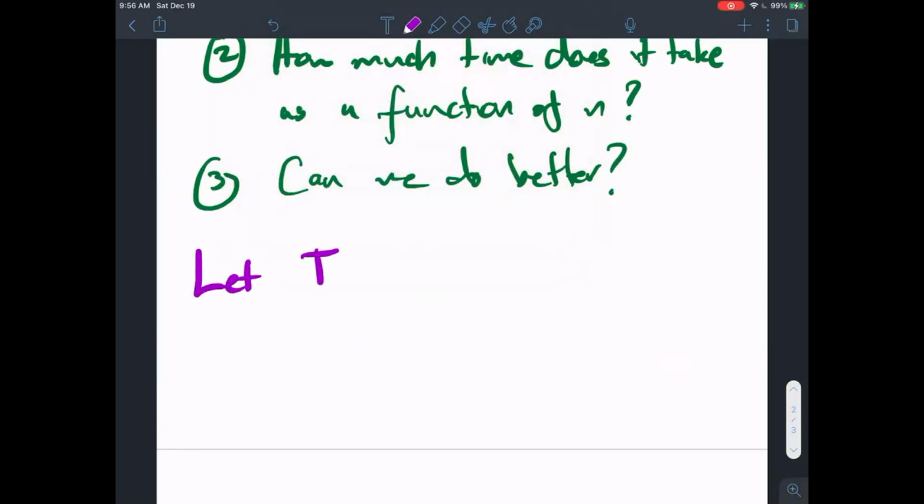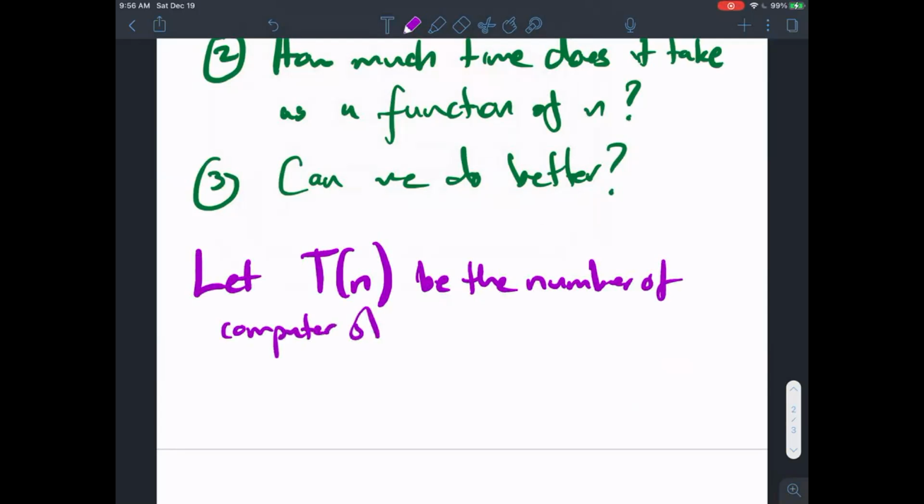Let's just say let T of n be the number of computer steps needed to compute fib of n.